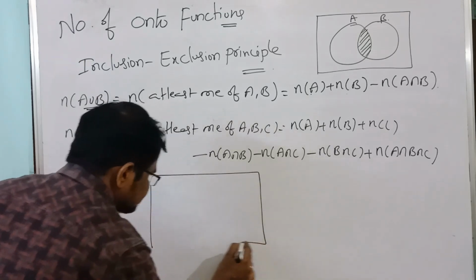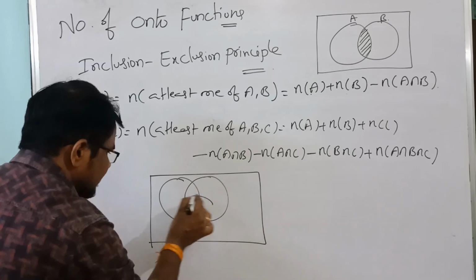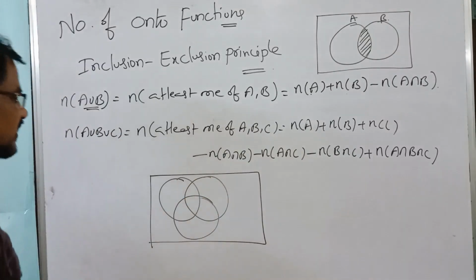Observe this one. This has A, this has B, and this has C, right?